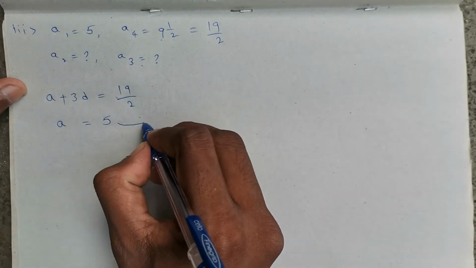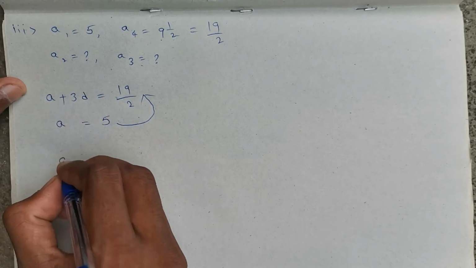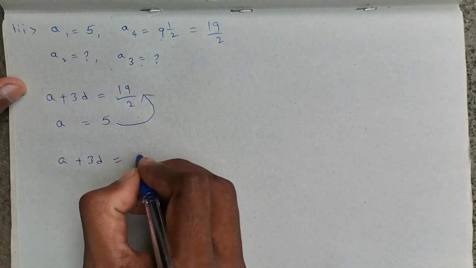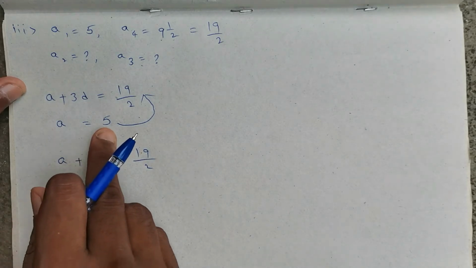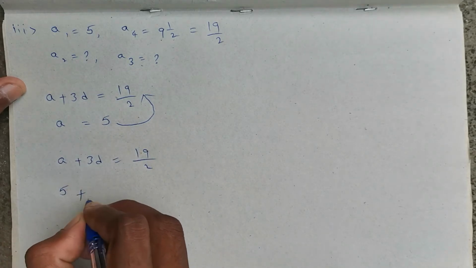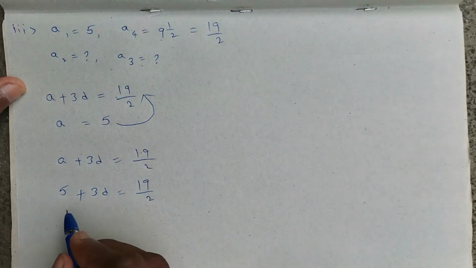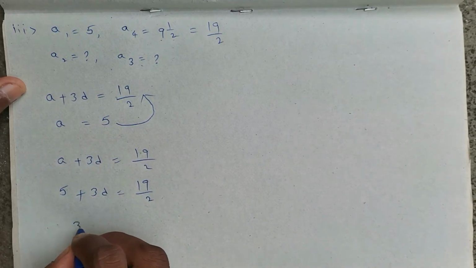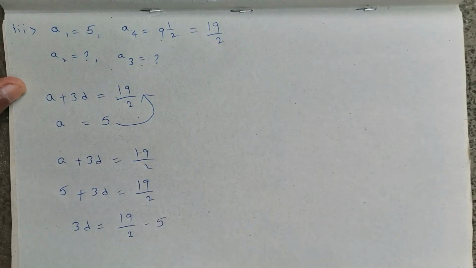Now this A value 5 I will substitute in the first equation. A plus 3D is equal to 19 by 2. In place of A, I substitute 5, so 5 plus 3D equals 19 by 2. Now I will take this 5 to the right side. So we get 3D is equal to 19 by 2 minus 5.